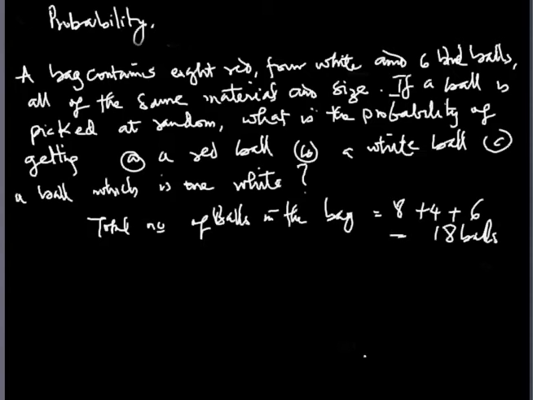Alright? Now you're told to find the probability that when you pick a ball, it's going to be a red ball. All you have to do is ask, how many red balls do we have? 8. That means we have 8 possible outcomes of red balls.